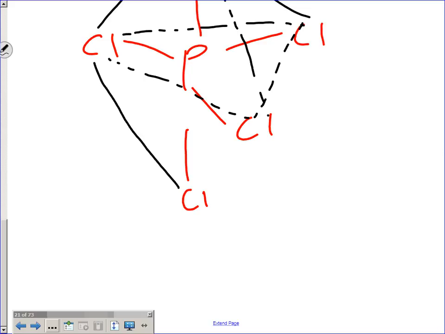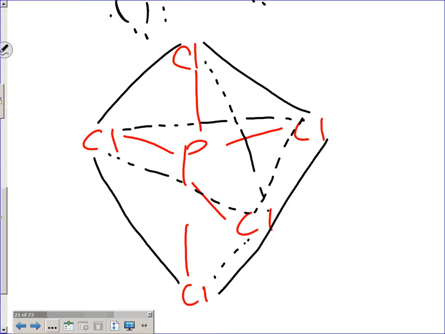I'm trying to draw 3D. Don't laugh. It's going to be bad. Okay, it looks just like a bunch of lines, but here we go. This is kind of what it looks like, right?